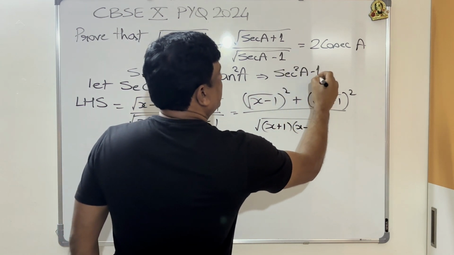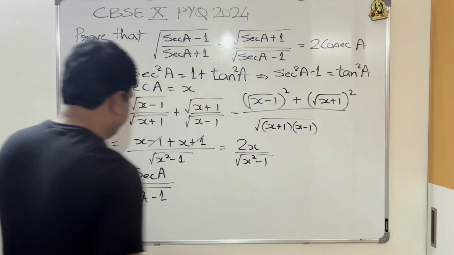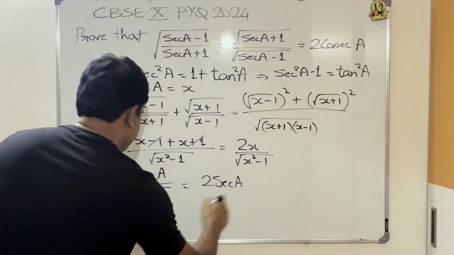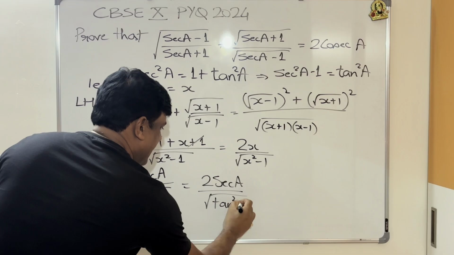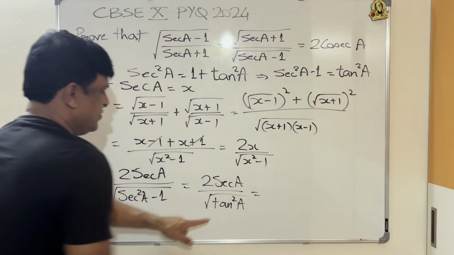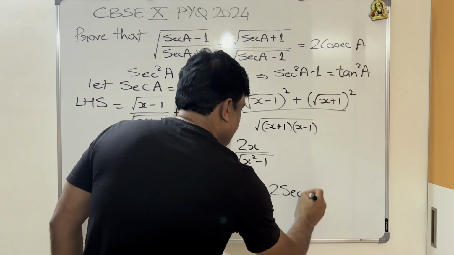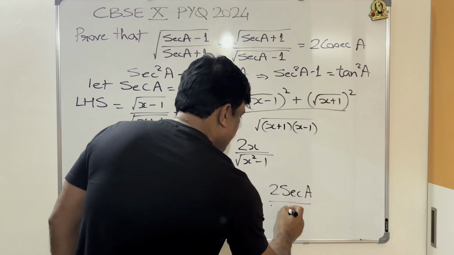Sec square minus 1 is tan square a. Replace that over here. So this becomes 2 sec a divided by tan square a. So this is 2 sec a and this becomes tan a.